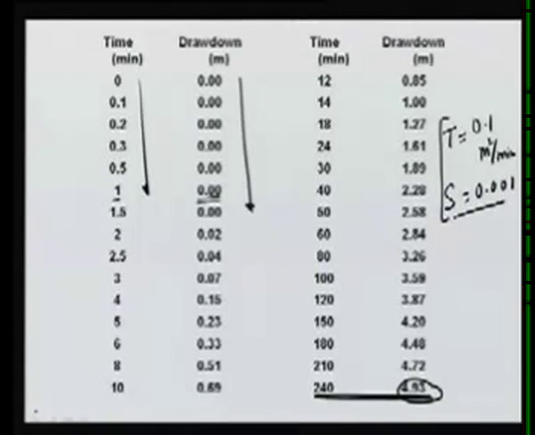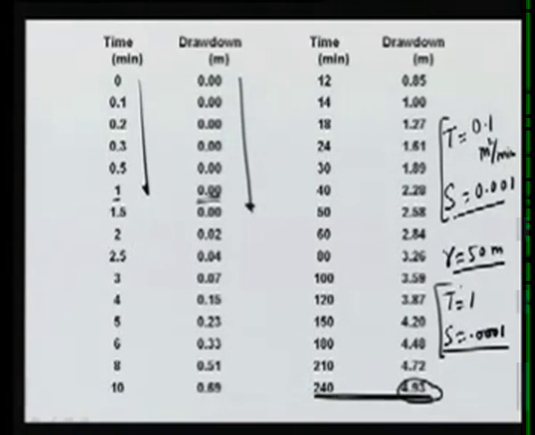For example, this data we had generated for r equal to 50 meters, or the first slide showed data which had T equal to 1, S equal to 0.0001, but again at r equal to 50 meters. Now what happens if we have two different wells?